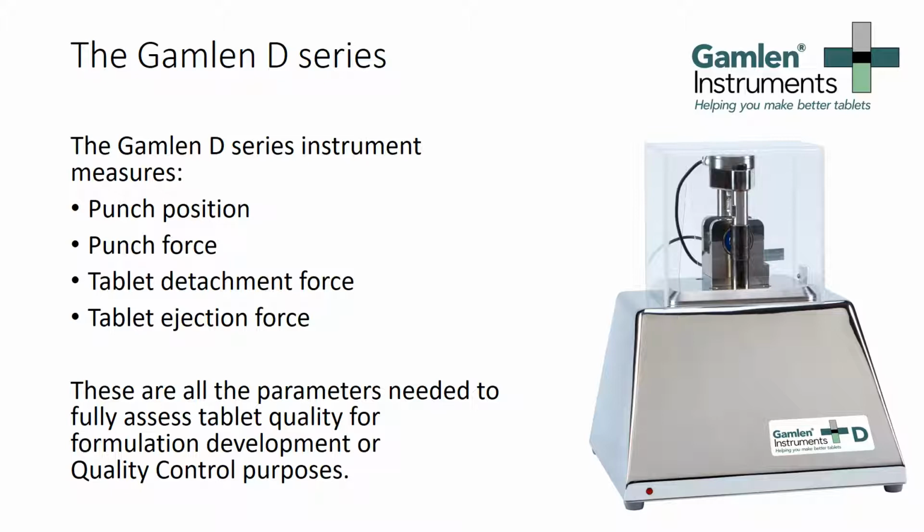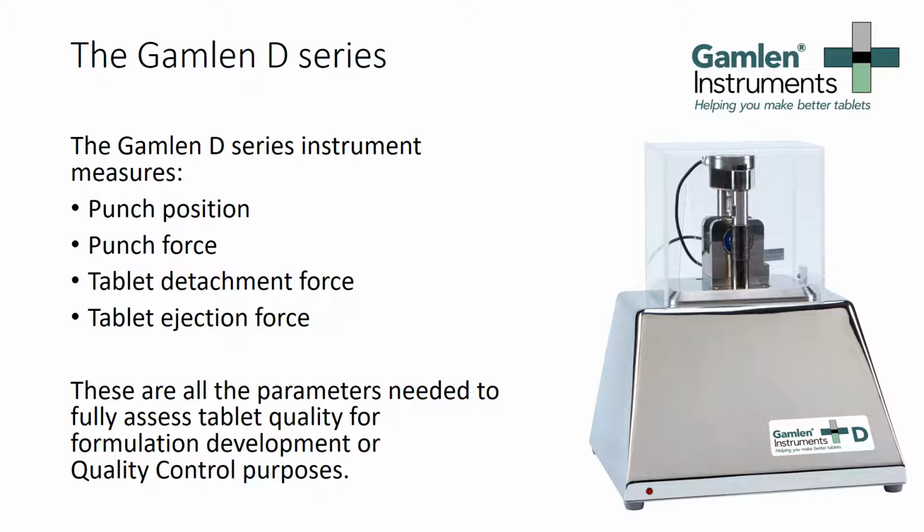The Gamlen D-Series instrument measures punch position, punch force, tablet detachment force, and tablet ejection force. These are all of the parameters needed to fully assess tablet quality for formulation development or quality control purposes.